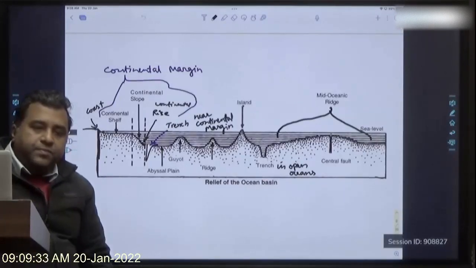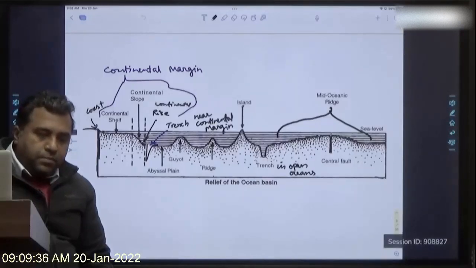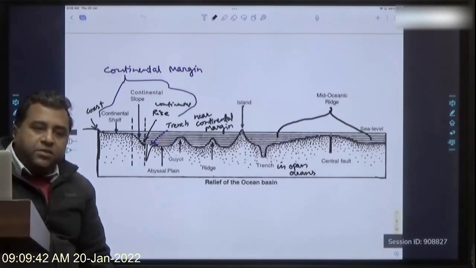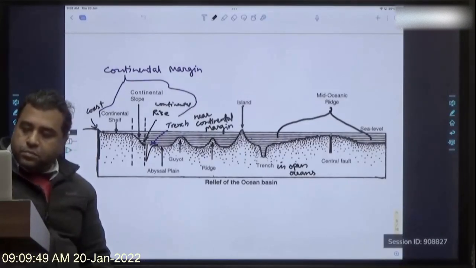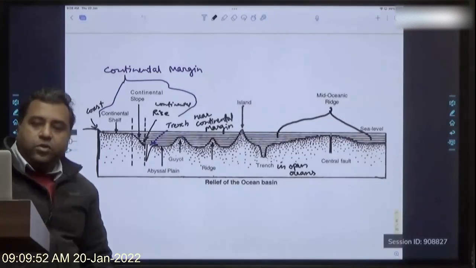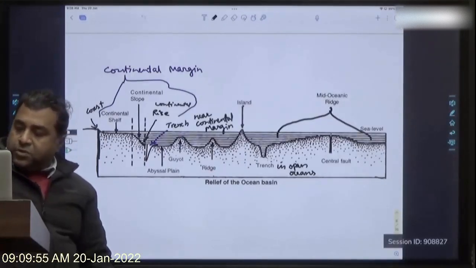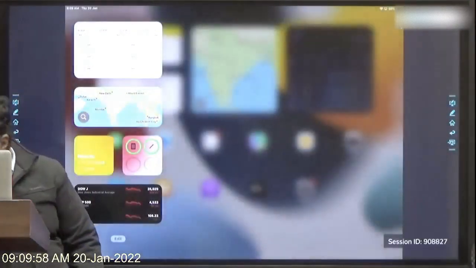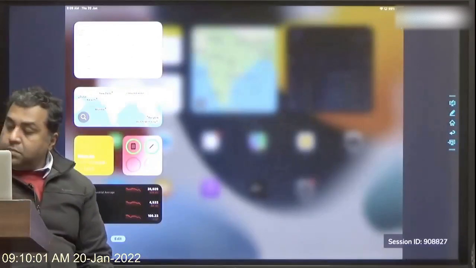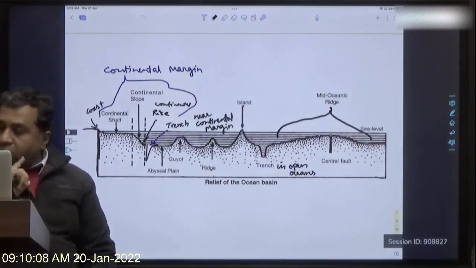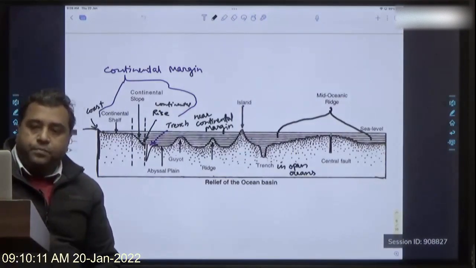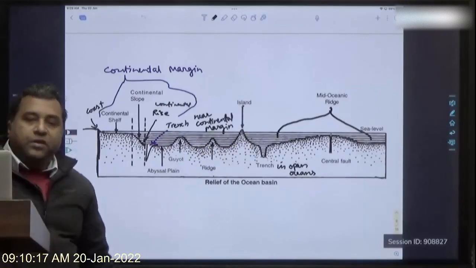over the MORs, which solidify and turn into rocks gradually, spreading on both sides of the central fault.